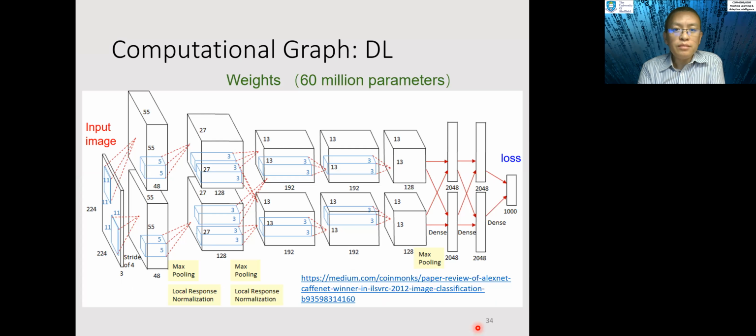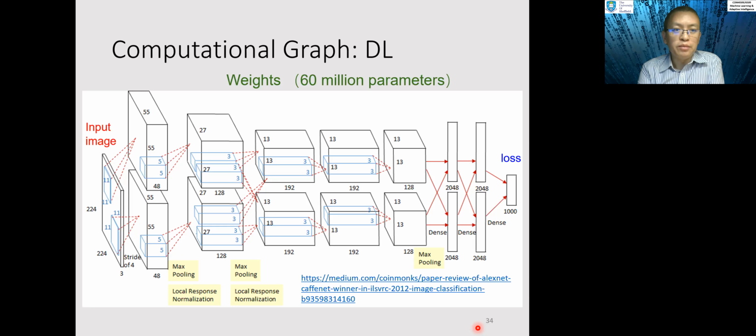I asked you to figure out how many model parameters are in a simple multi-layer perceptron. And for this deep learning model over here, there are 60 million parameters.